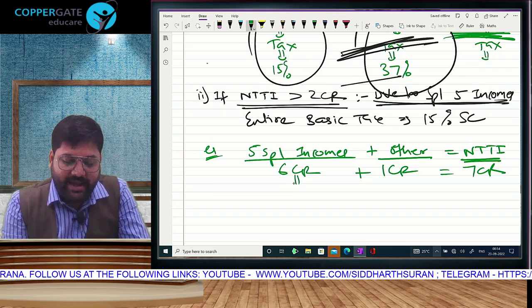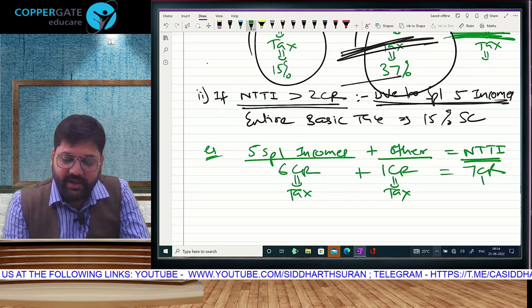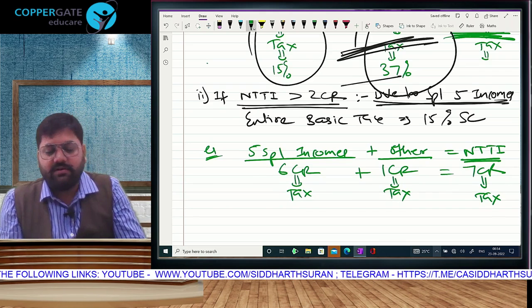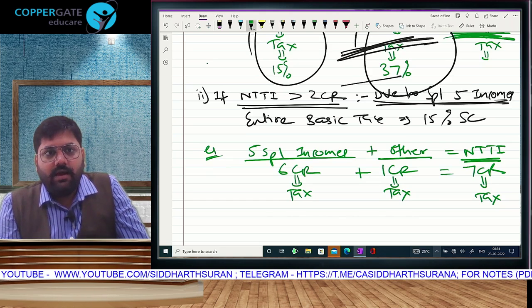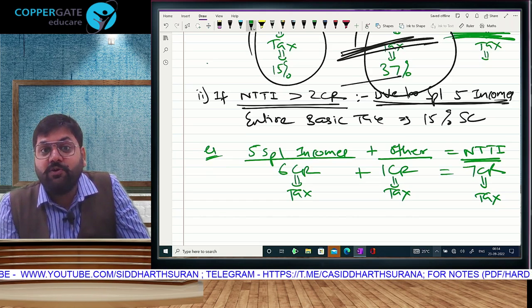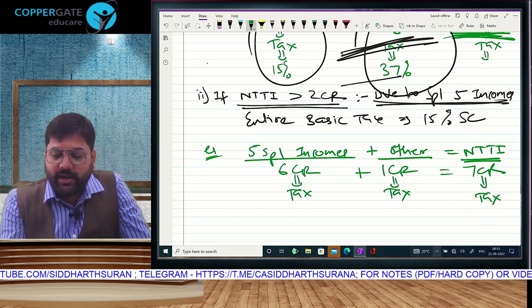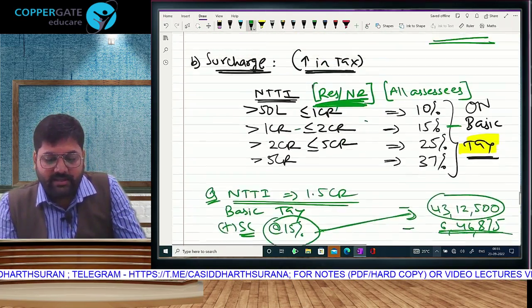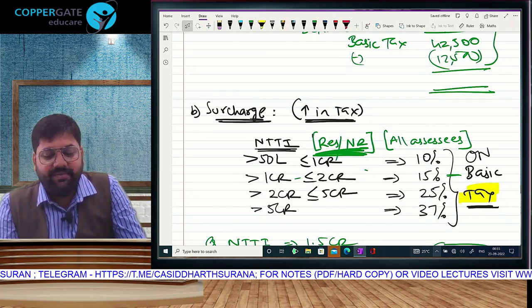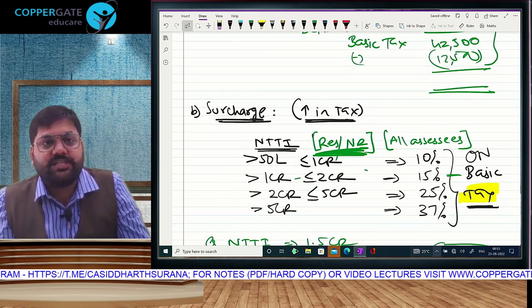You calculate tax on this, you calculate tax on this, and that will give you the total tax on 7 crore. Mitro, after we calculate tax, we use our brains for surcharge. Look at the NTTI amount and look at the surcharge table and tell me this assessee according to the table falls in which surcharge rate.